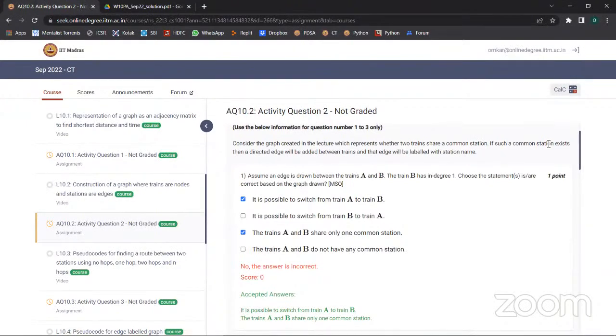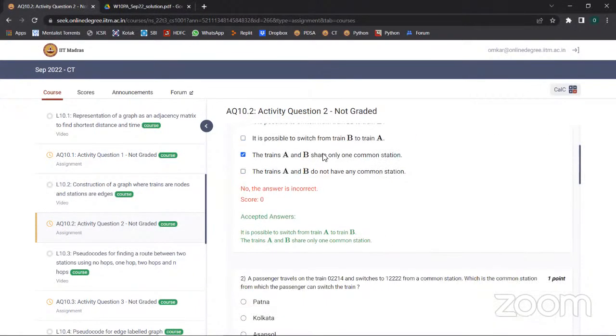If such a common station exists, then a direct edge will be added between the trains and that edge will be labeled with the station name. So it's a bit different. Trains are nodes and edges are stations, right? And assume an edge is drawn between the trains A and B. The train B has in degree 1. Choose the statement or statements that are correct.